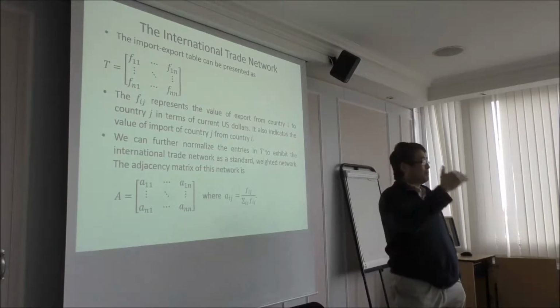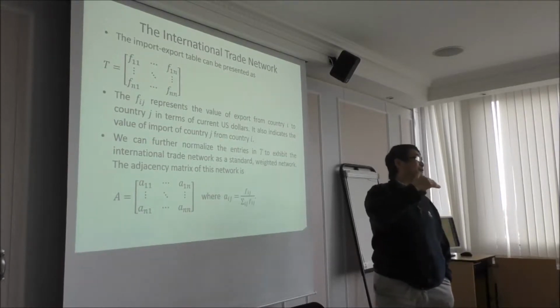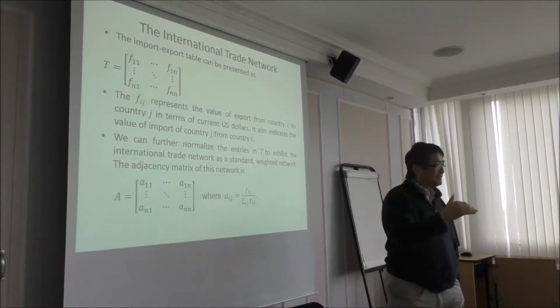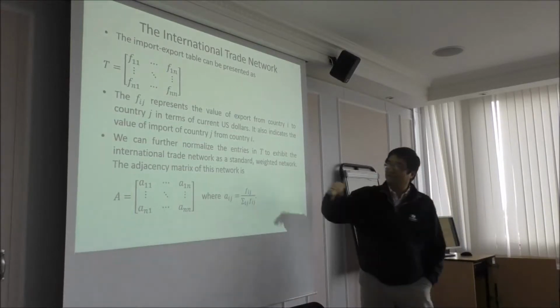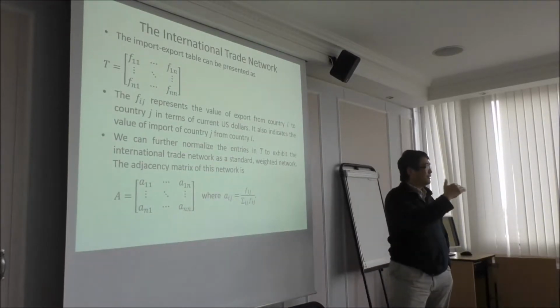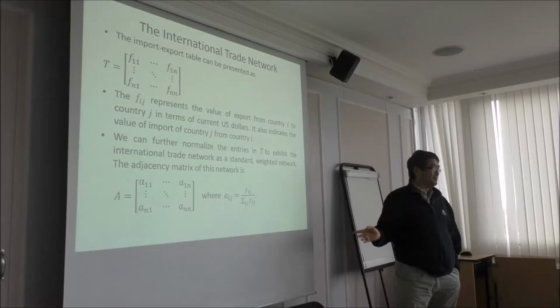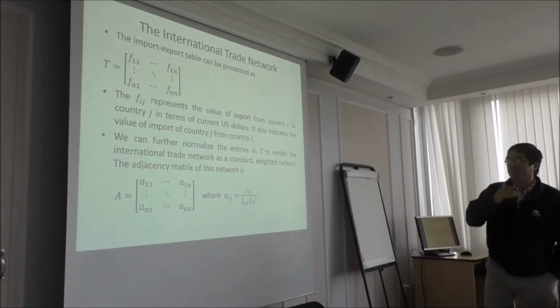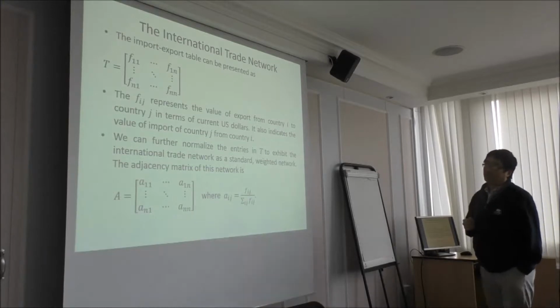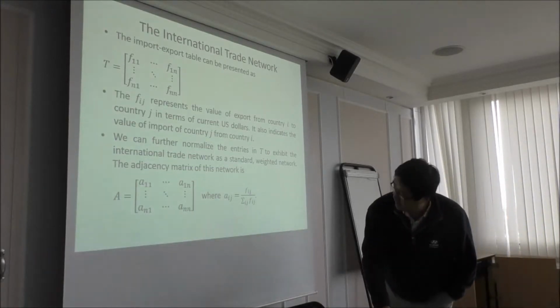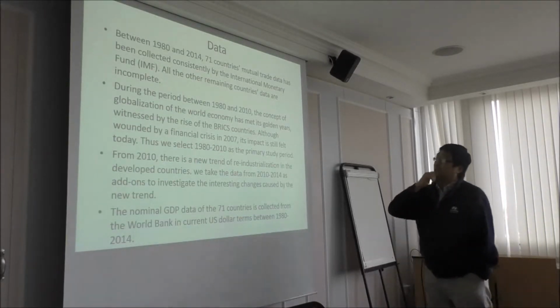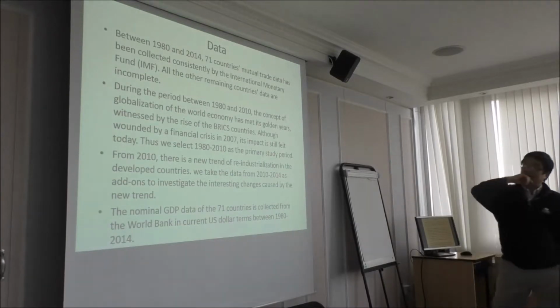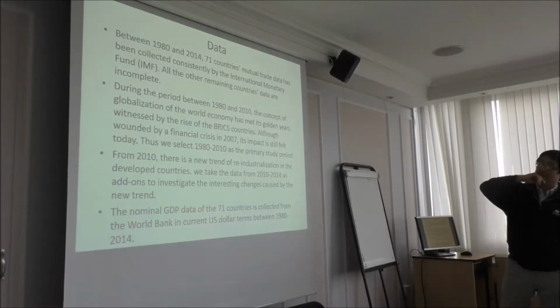Even if you are growing, but you grow below the average speed of all the countries, then you appear to be shrinking in this table because of this reweighting. So we have to be very careful about the conclusions we draw from this network. And the data is taken from 1980 to 2018.